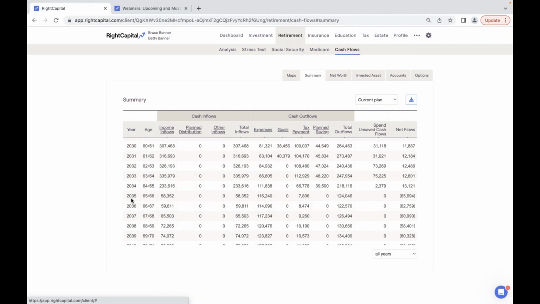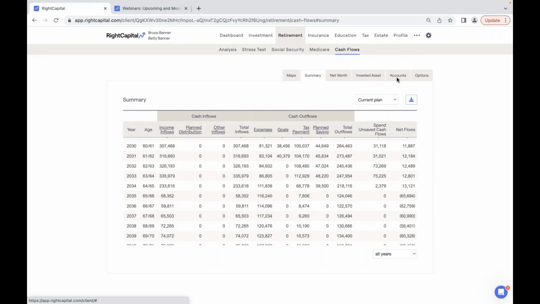For example, in calendar year 2035, we can see that this client is spending 124,000 while they only make 116,000, and we know that we can't make money up, so we have to get $65,000 from somewhere. I can then use that accounts tab to say, well, where is this $65,000 coming from in 2035?